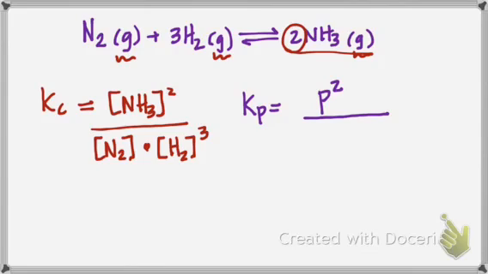So I'm going to put P2, and then down below I'm going to recognize what gas it was. Then I'm going to follow the same format as my Kc, and since I only had a coefficient of 1 for my N2, I'm going to put P with my N2 down at the bottom there to show what it is. And then I'm going to put P3 because I had a coefficient of 3 for H2.